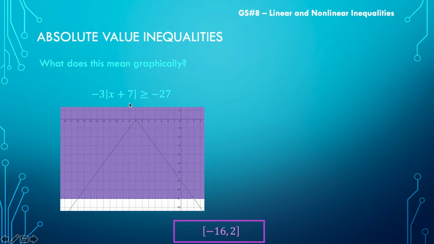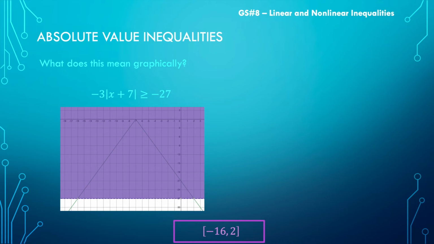And we want to know where this function is greater than or equal to negative 27. Here's negative 27, by the way. What is the domain of the absolute value graph that's in the shaded region? The shaded region is everything that's greater than negative 27, and you can see that that is from negative 16 to positive 2.